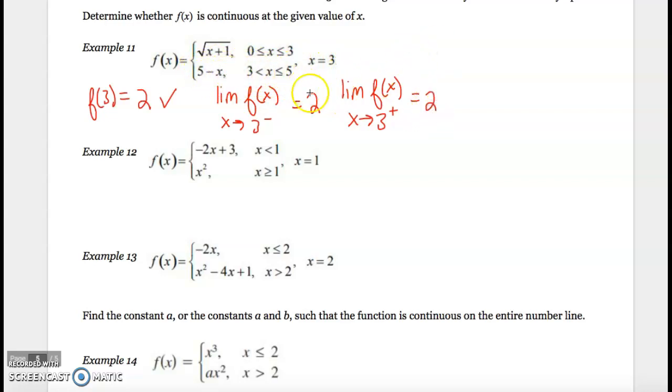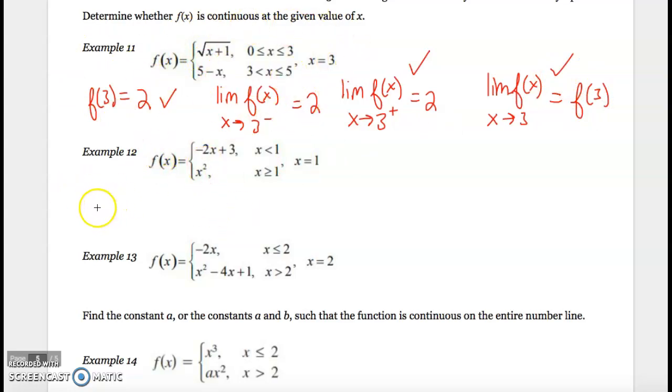All right, so my left-hand limit equals my right-hand limit, so check, my general limit exists, and then my general limit does in fact equal my function. So it passes that third step. x approaching 3, my general limit equals f of 3. So check, we would say that the function is continuous at 3.